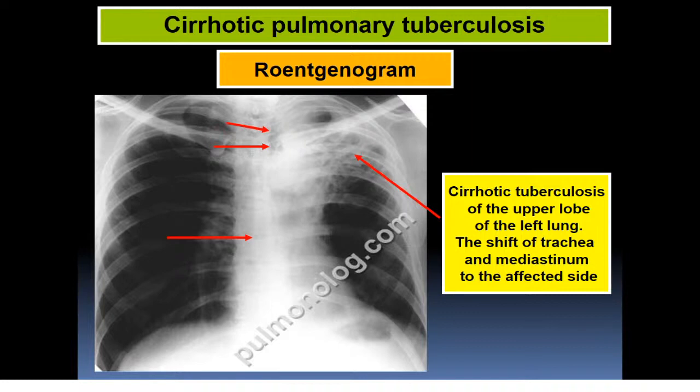On this X-ray, we can see cirrhotic tuberculosis of the upper lobe of the left lung. There is a decrease of the upper part of the lung and a shift of the trachea and mediastinum to the affected side as a result of formation of connective tissue.